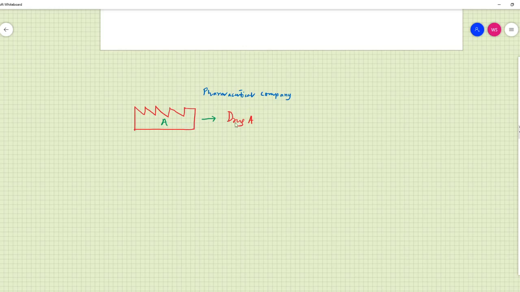It produces a new drug. A new drug, maybe it's targeted at a novel pathway.